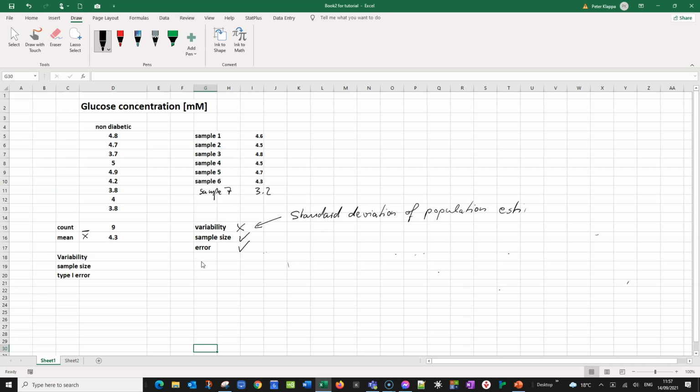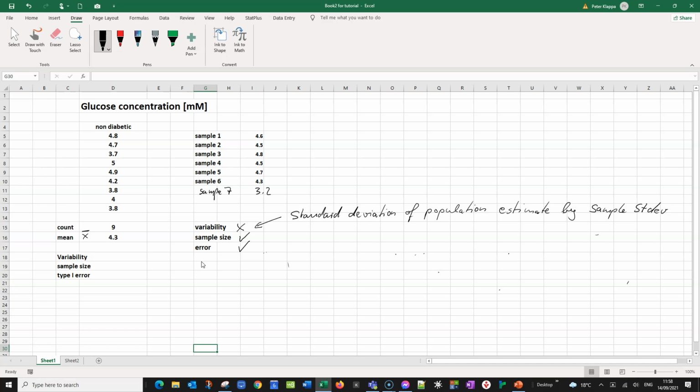The only estimate that we have is by looking at the standard deviation of the sample, abbreviated as standard dev. So that's a little bit of a tricky part.